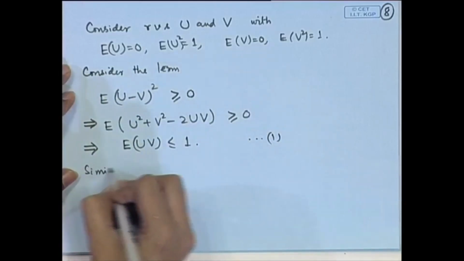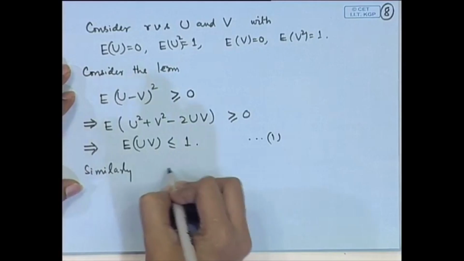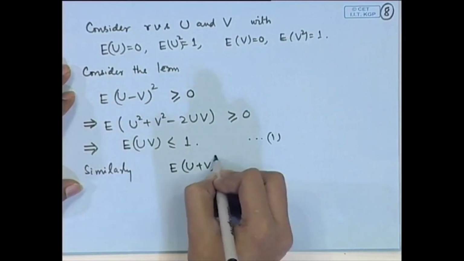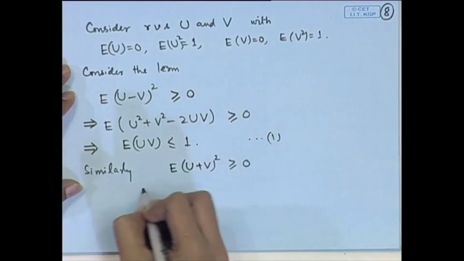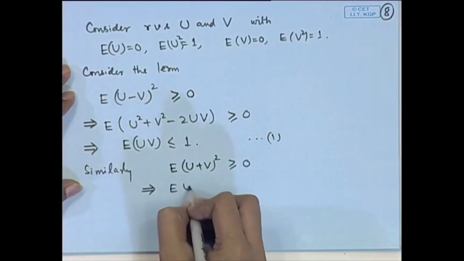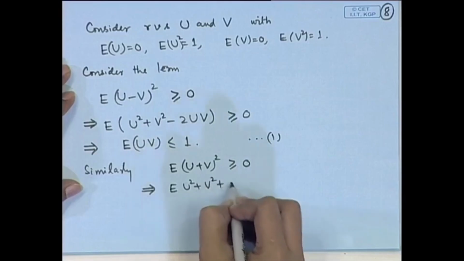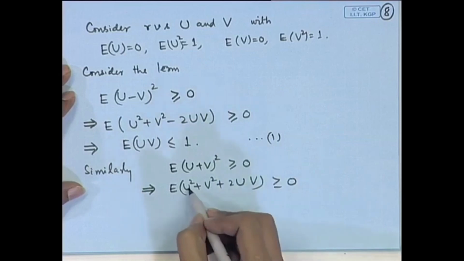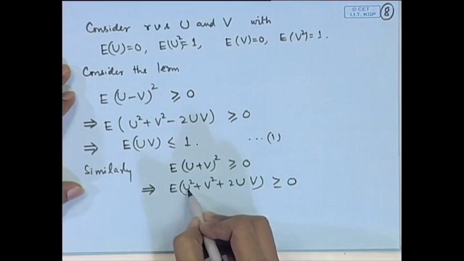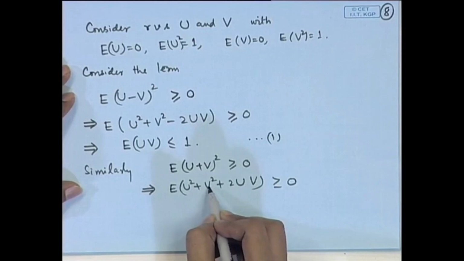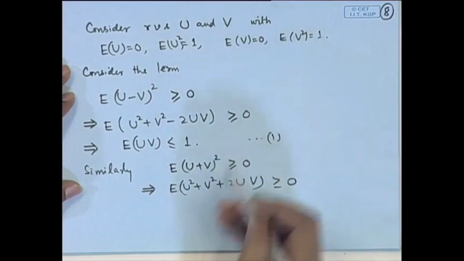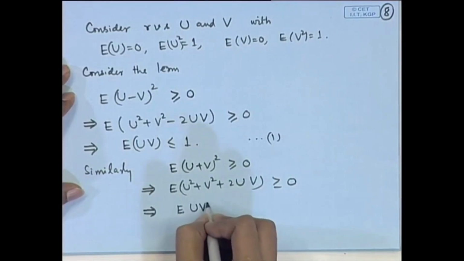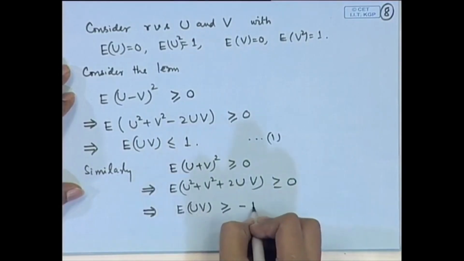Similarly, expectation of (U plus V) whole square is greater than or equal to 0. This yields expectation of U square plus V square plus 2UV is greater than or equal to 0. Once again substituting the values of expectation U square and expectation V square as 1, we get expectation of UV greater than or equal to minus 1.